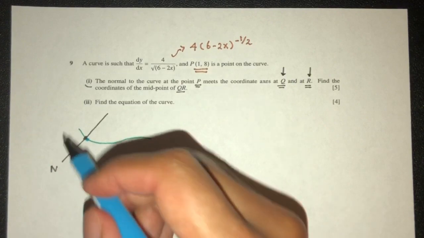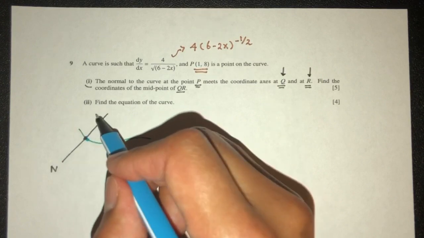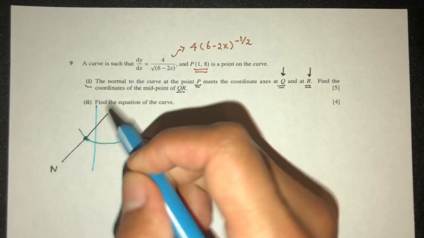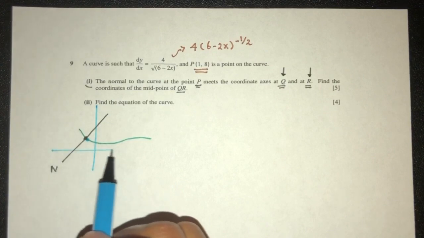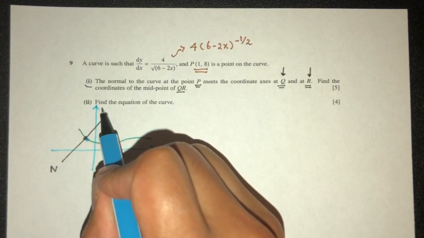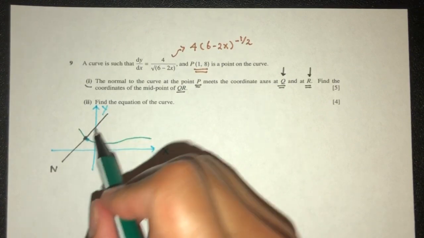Now the normal crosses the axes. Let me draw this here, for example. This is the y-axis, and this is the x-axis. It is not exact, obviously, it is just an illustration. So as you can see, we have 2 points of intersection.